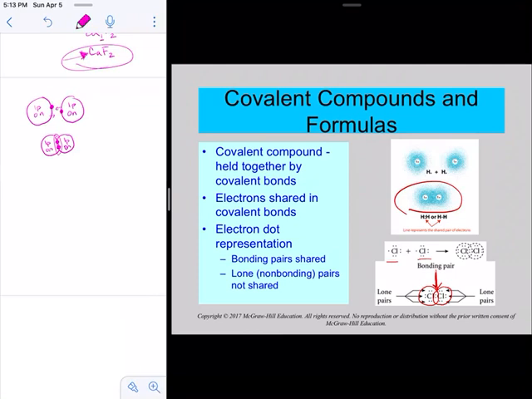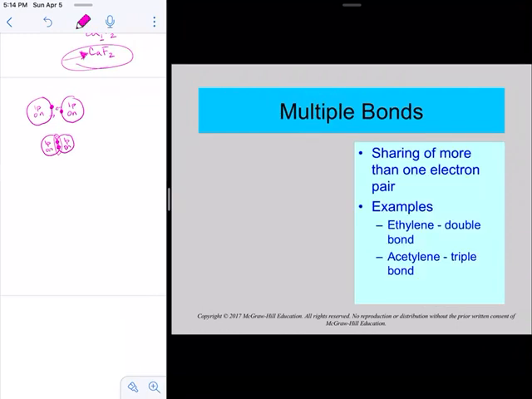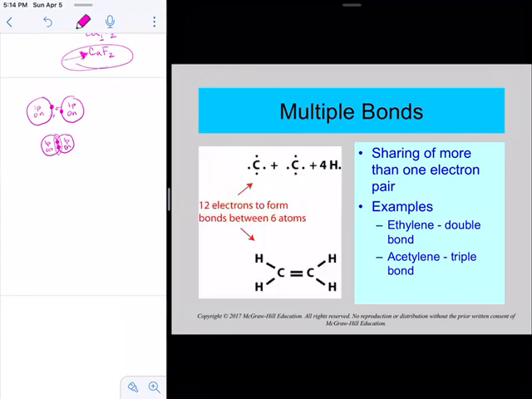Okay, so they just take that one in the middle. The one in the middle is the bonding pair, and that's what's allowing them to have that outer electron be like the octet, or have that outer 8 electrons. Okay, so hopefully that makes some sense to you.